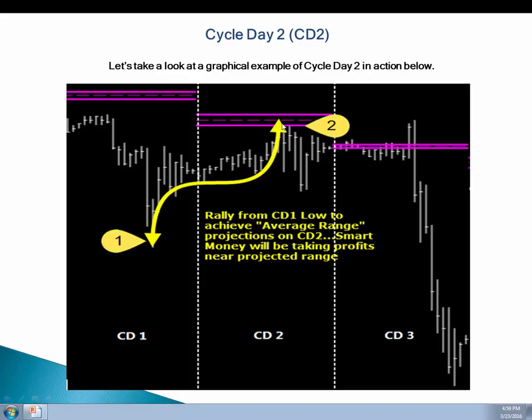Again, we have historical projections. It does not always reach those projections, but it gives us a guide of what the potential is. And then as the day unfolds, we look to see how the market is reacting relative to the projected potential for the day. The markets always have a level of potential on a day-to-day basis.